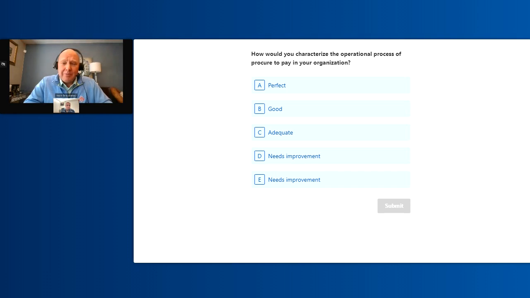Before we give you those strategies, we wanted to do one more poll question, which is now displayed on your screen. This time we want to know, how would you characterize the operational process of procure to pay in your organization? When you think about your procure to pay process, which of the following adjectives come to mind?